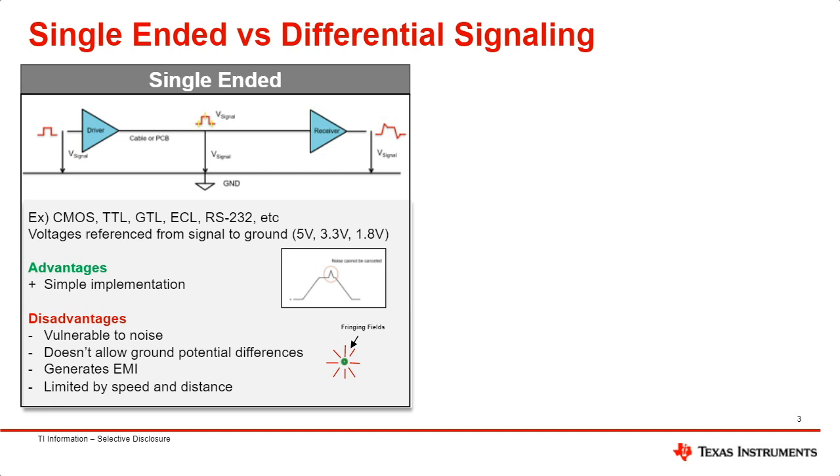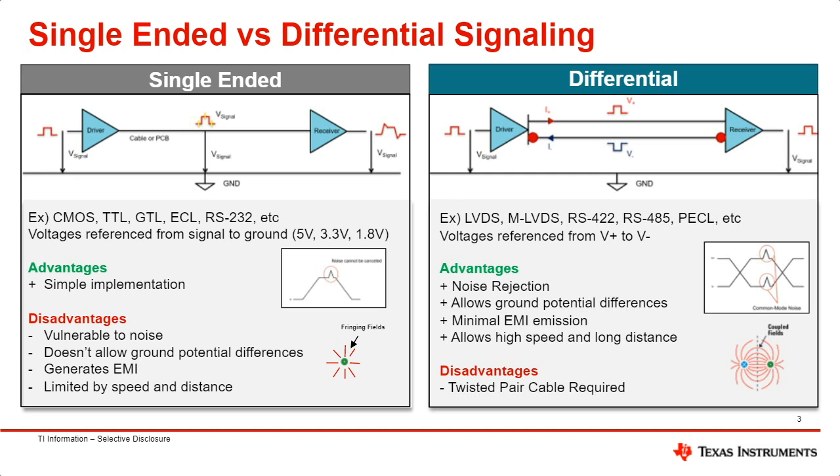So the solution to this is differential signaling. Now, differential signaling uses two conductors to transmit the signal as opposed to a single conductor. So on the driver side, it will transmit two complementary signals, an inverted and then a non-inverted signal. And the receiver will take the difference between the two.